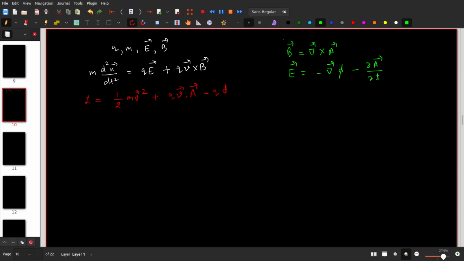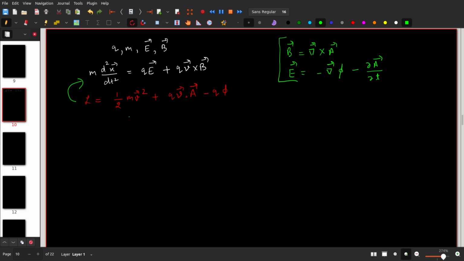So this is how the vector and scalar potentials are related to electric and magnetic fields. And the Euler-Lagrange equations corresponding to this Lagrangian will give rise to this equation of motion for a particle of mass m and charge q moving in an electric and magnetic field, which are given by these potentials.